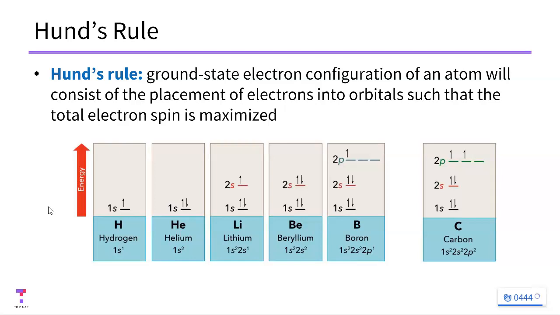I'm not going to see electrons pairing up inside of those orbitals until all 3 orbitals are filled. I'm not going to see it, because to do so would introduce 2 electrons into the same orbital, and they're going to push up against each other. Whereas if they are put into these orbitals and separated, they're going to be physically further apart from each other and less likely to repel.